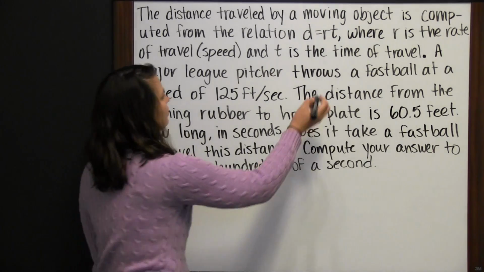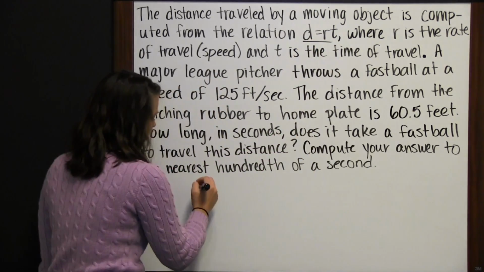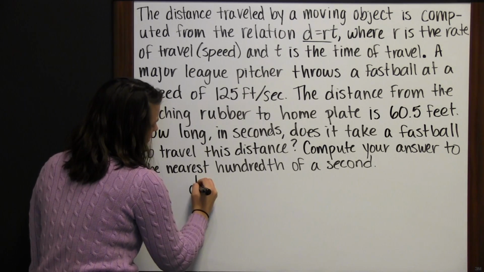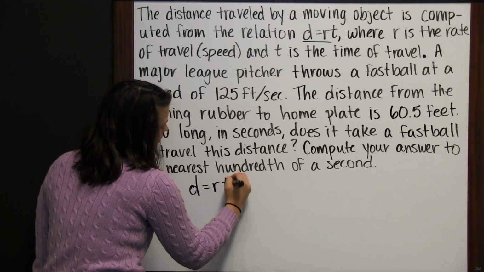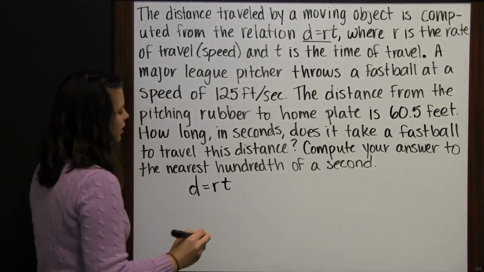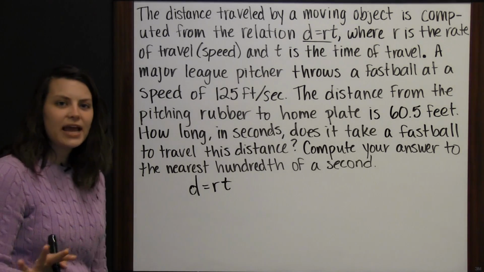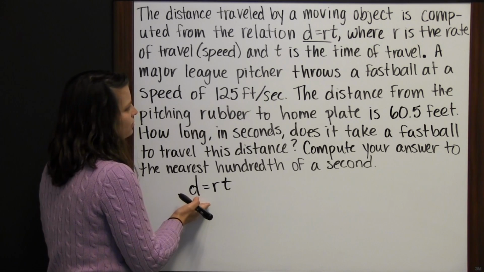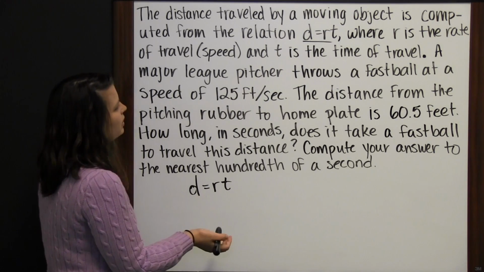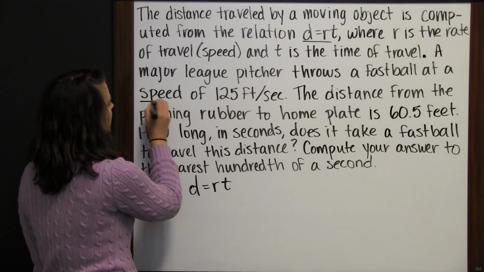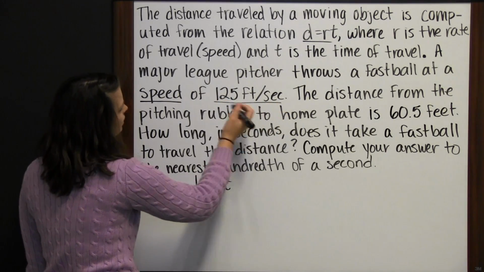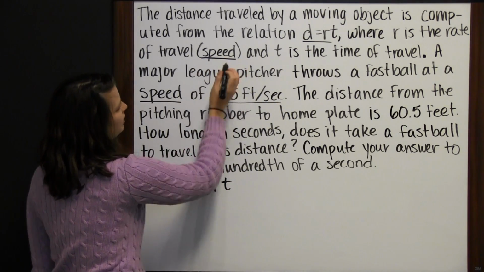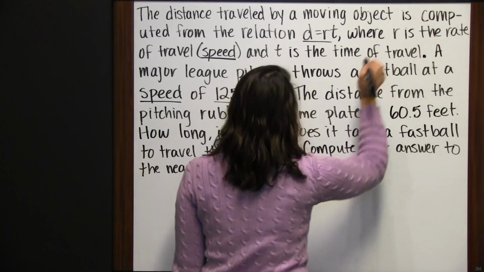So first I'm going to pull out this formula. That's going to be very helpful in solving this problem. Distance equals the rate times the time. Now I want to take the information I was given and substitute it into this equation. So they told me the speed of the ball. And remember, speed is your rate, r.